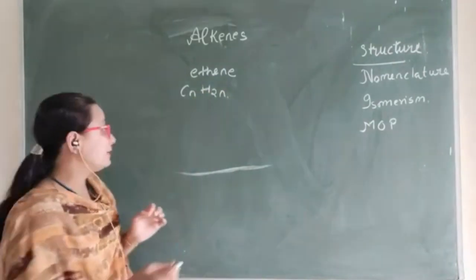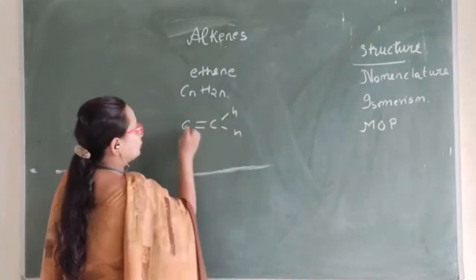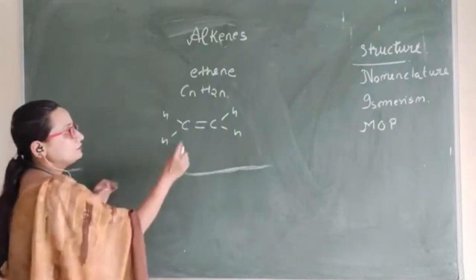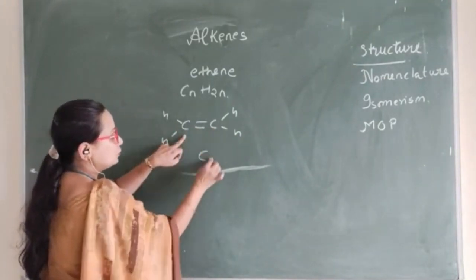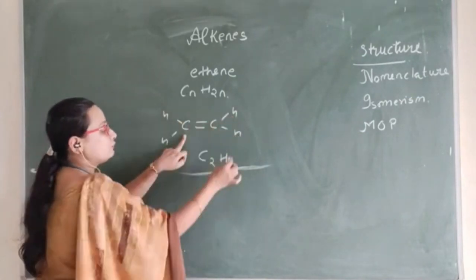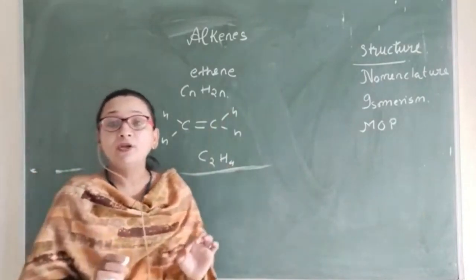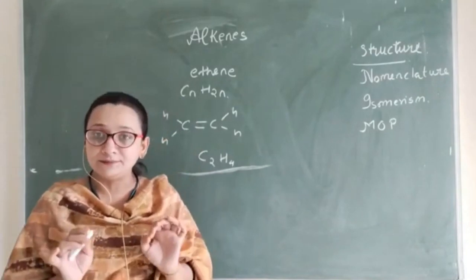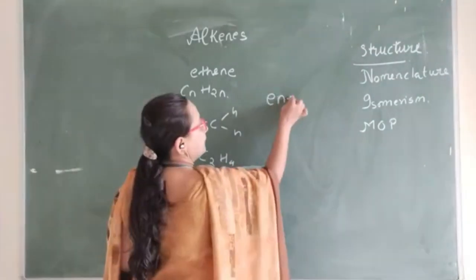That means, for example, C double bond C with H2 and H2. Suppose n is 2, so this is C2, and H2n is 2 times 2, that is H4. C2H4 is your simplest alkene, ethene. Alkenes are referred to as ENE.